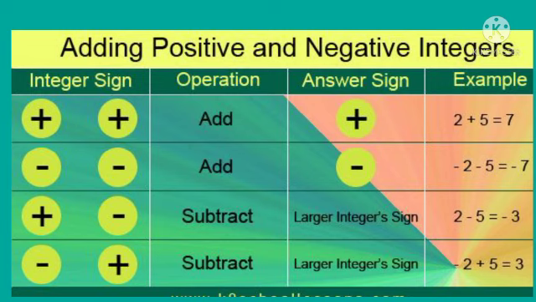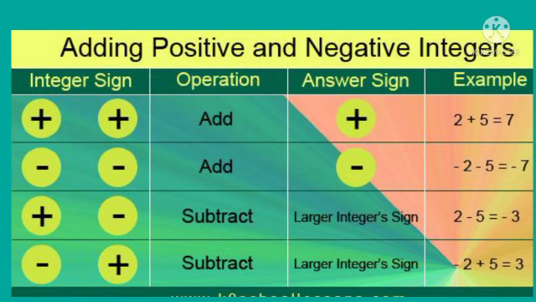Now we take integer signs plus and plus. Operation is add. Answer sign is plus. Example, 2 plus 5 is equal to 7, get a positive number. And also we take minus and minus. Operation is add. Answer sign is minus. Now example, minus 2 minus 5 is equal to minus 7, get a negative number.